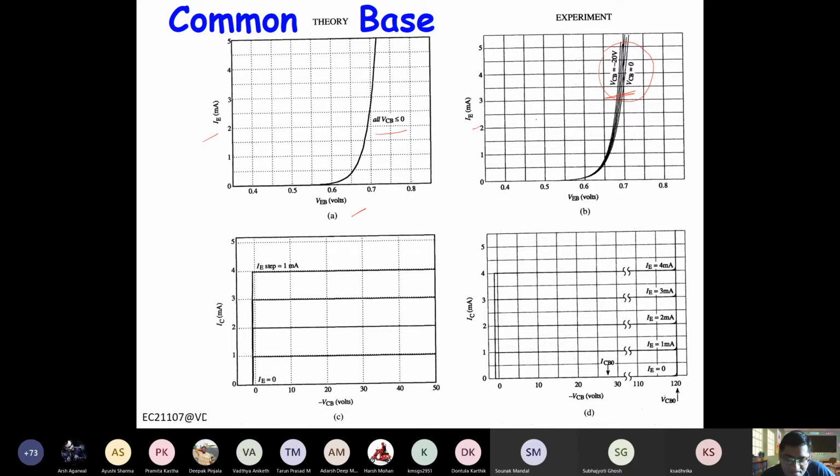Then if you see IC versus VCB, here you see this extra term called breakdown voltage VCBO. So this is very similar to the PN junction we discussed, right? Now VCB is basically just like a diode only, because here you are basically biasing the base and collector junction, right? So this voltage is only biasing this base collector junction, so it will be same as the PN junction, and the breakdown voltage will be VCBO for the base collector junction.